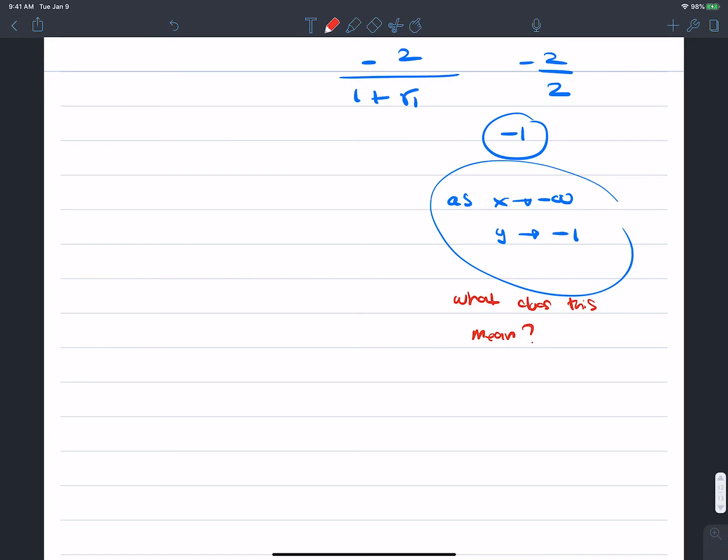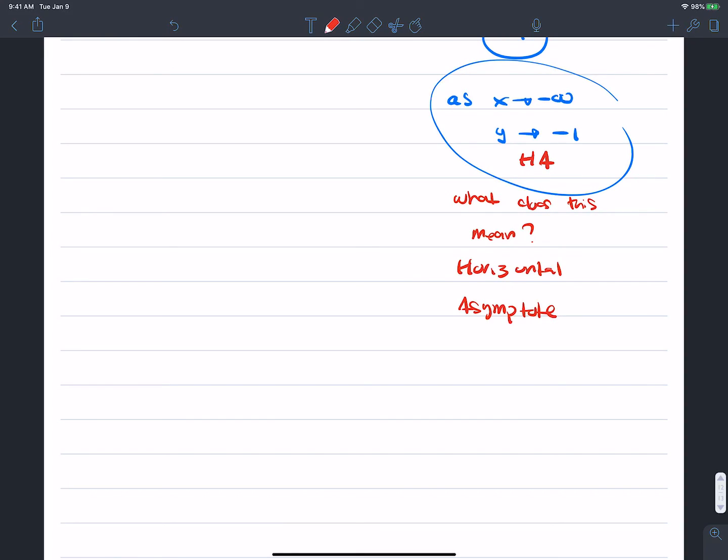It means this is a horizontal what? Asymptote. And where's that horizontal asymptote at? Y equals negative 1. Or we should say that's the equation that describes our horizontal asymptote.